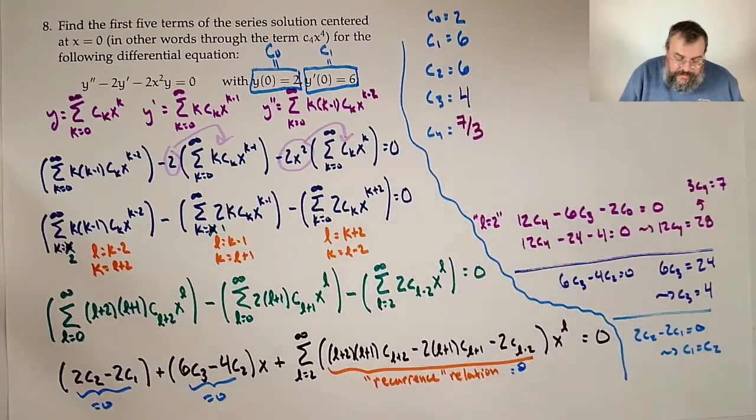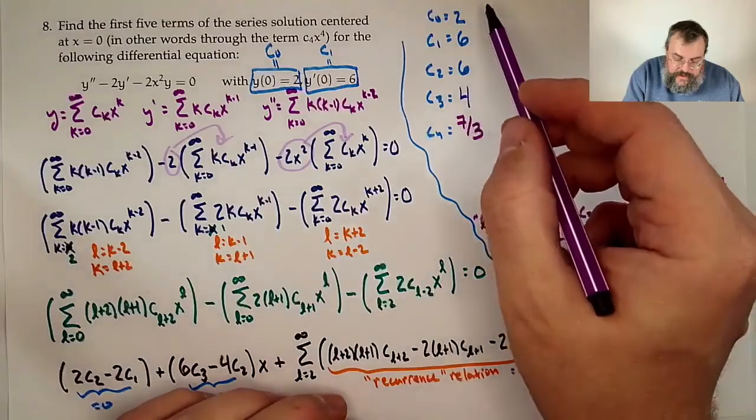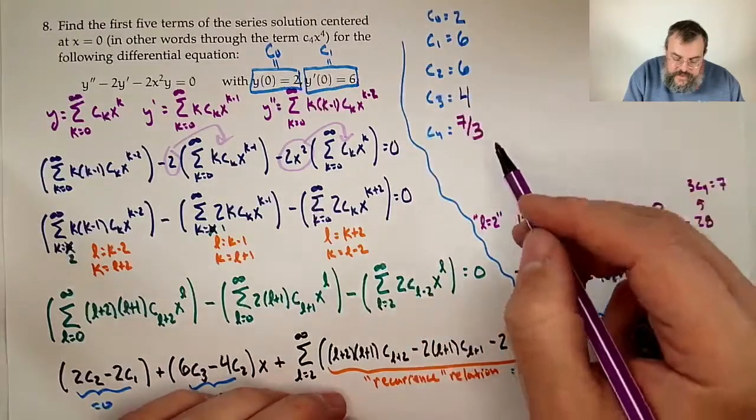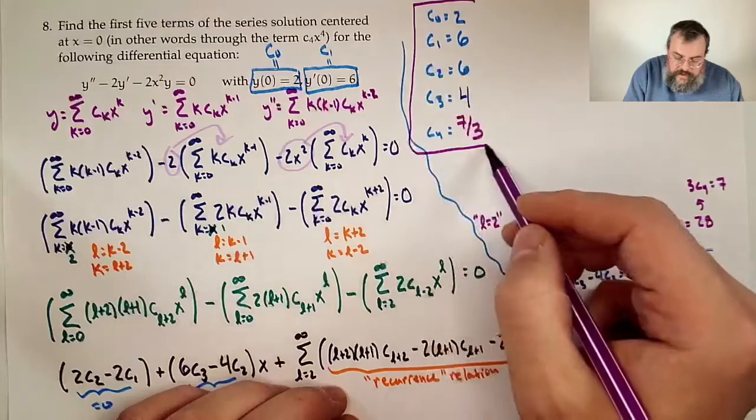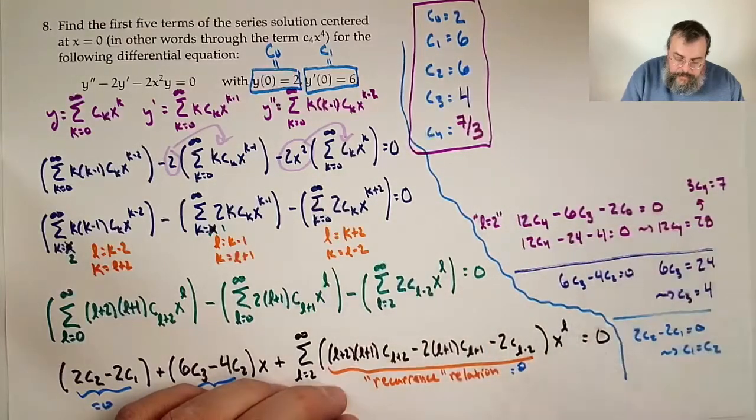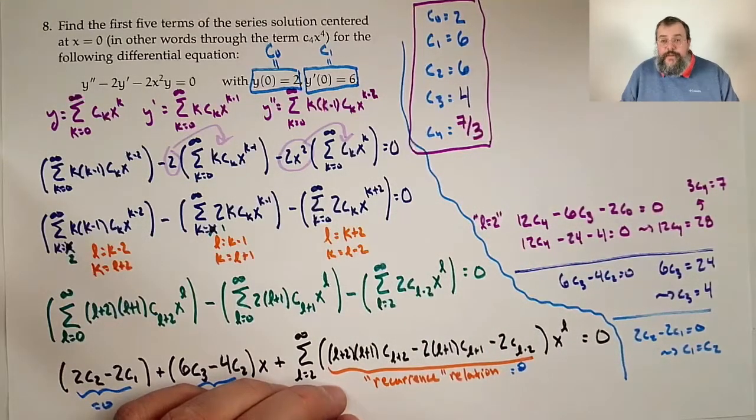So, in some sense, these are the coefficients, and so, well, this might be an answer they're happy with. Personally, if they asked me to find the first 5 terms of the series, I would actually write out the series.